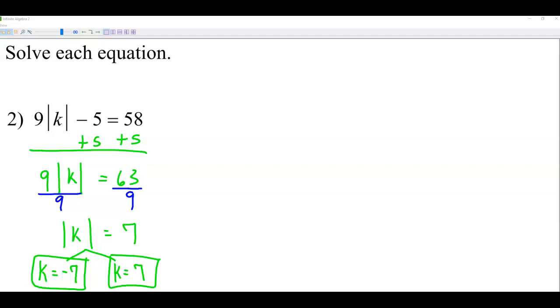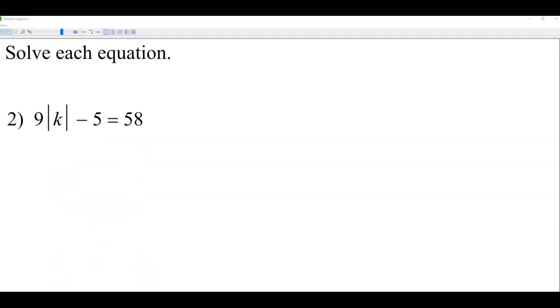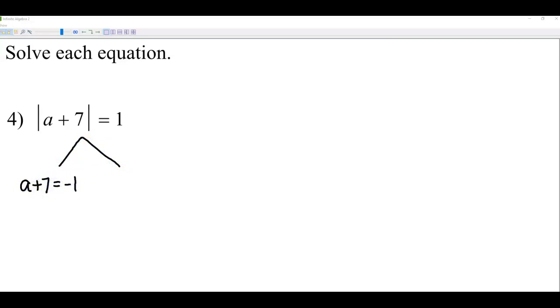Let's go ahead and take a look at yet another problem. Number 4. So once again, the first step is to get rid of the numbers outside the bars, but there are no numbers outside the bars. And so we begin then by splitting. So you set the part that's inside the bars equal to a negative version of the number on the right.